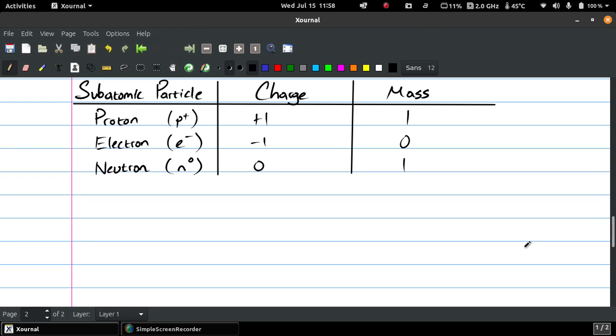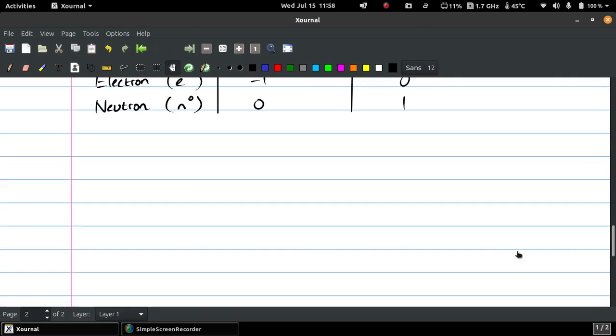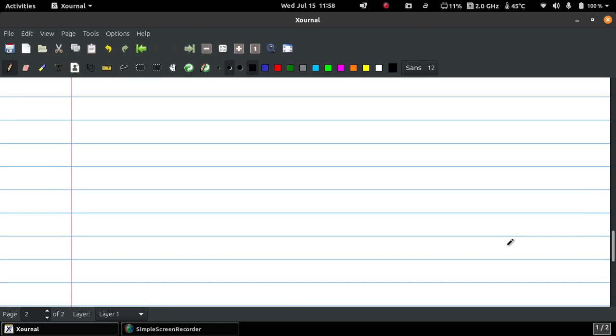Okay, so mass is measured in atomic mass units, and later on it's also measured in grams per mole, which is a conversion factor, but we're not going to get into that right now. But anyways, so let's write that down.